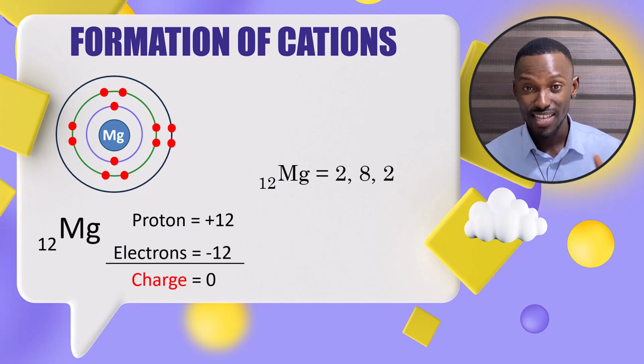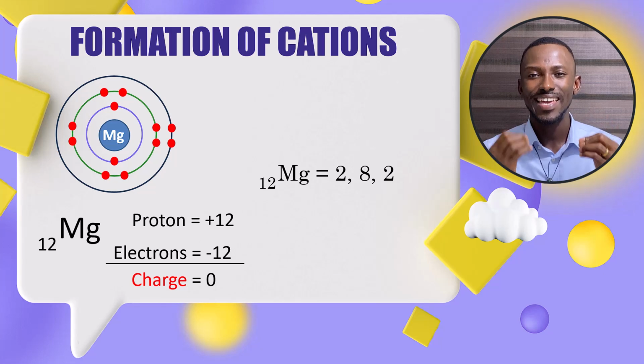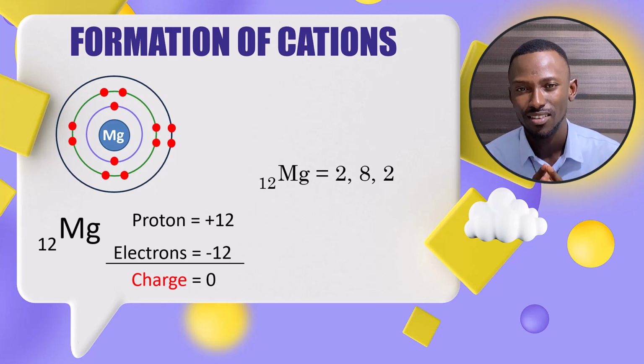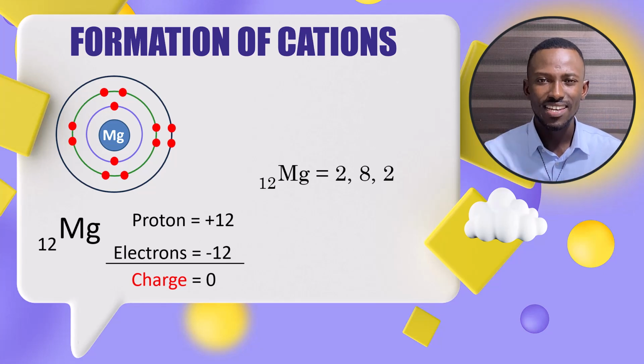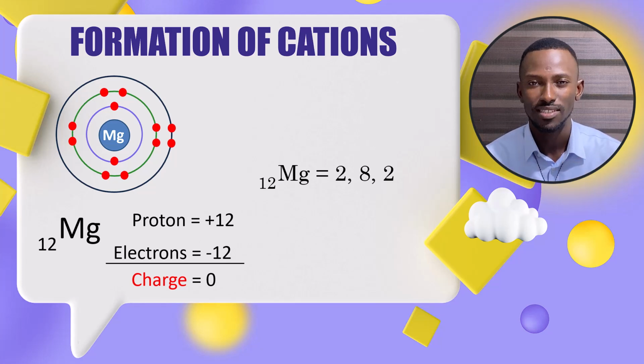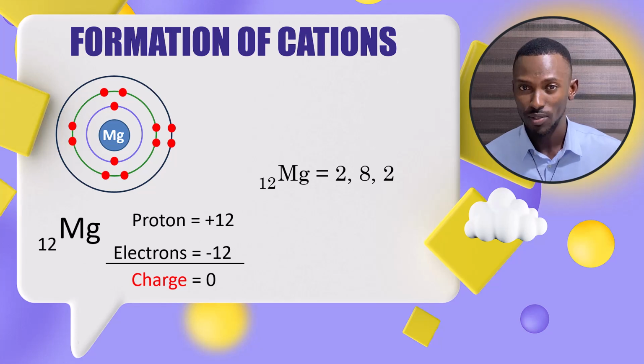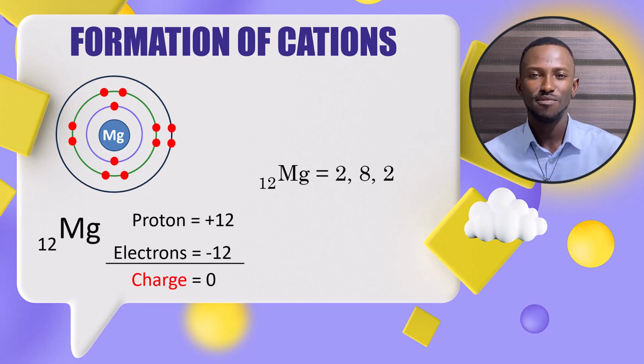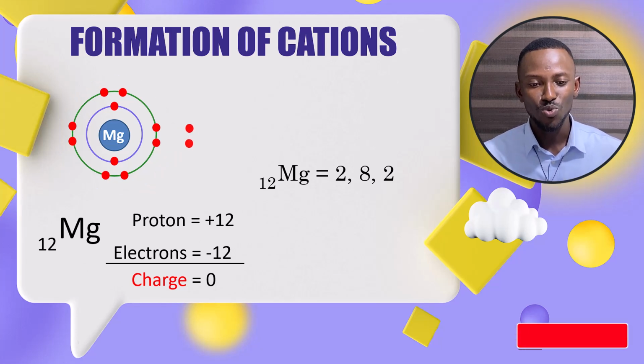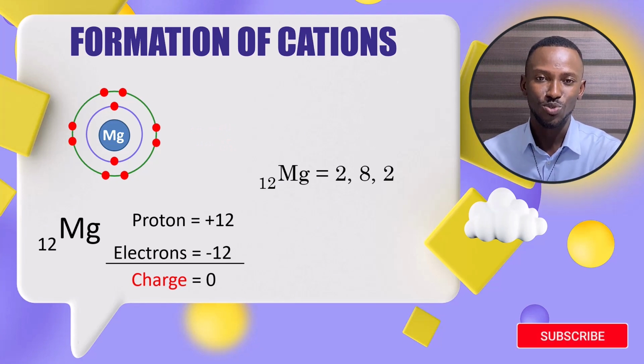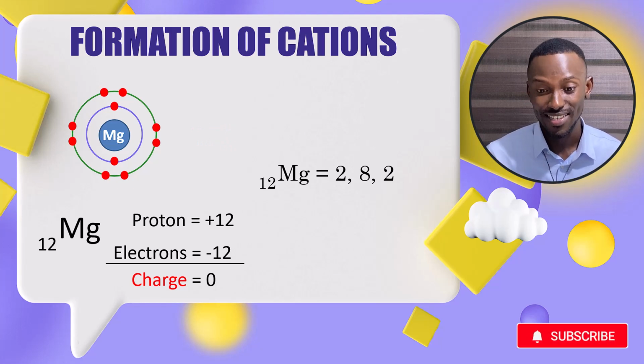For it to be stable, it needs to have 8 in its outermost shell. So it needs 6 more in addition to the 2 to attain stability, which is too much to get. So it will be safer for magnesium to lose its outermost 2 electrons in order to attain stability.